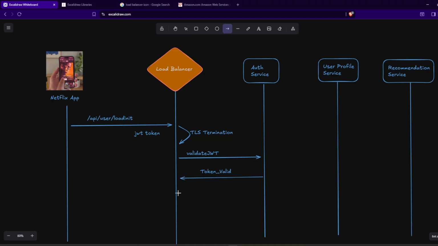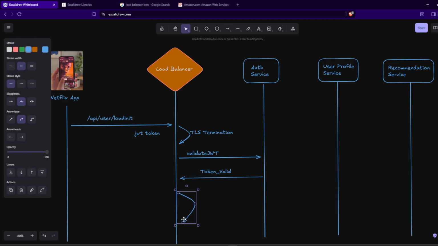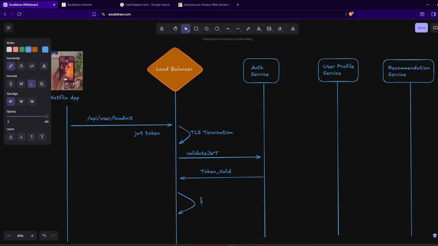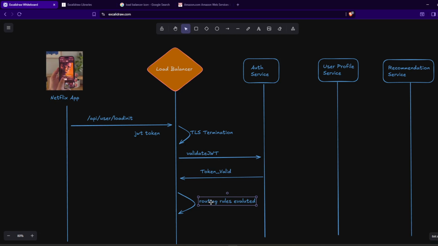So here, in this particular case, the routing rules are evaluated, and we will do a little more of a deep dive into what these routing rules actually look like. So just stay with me here.